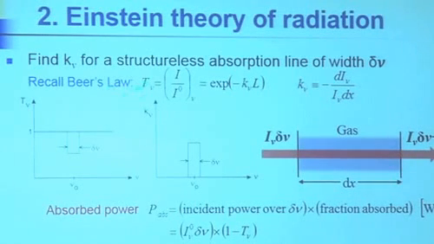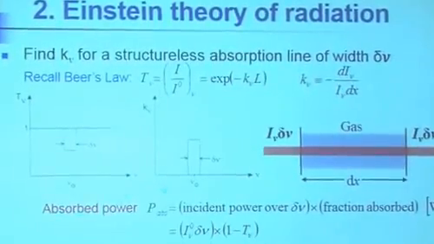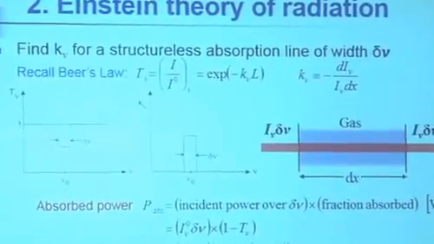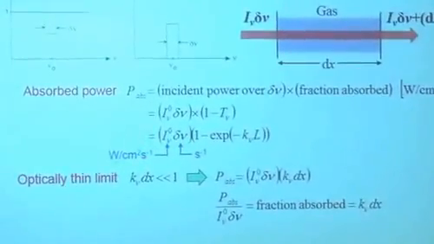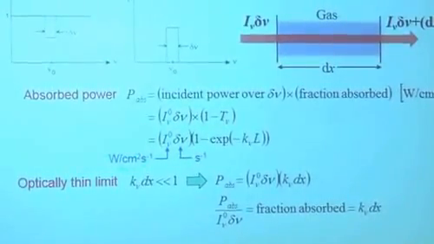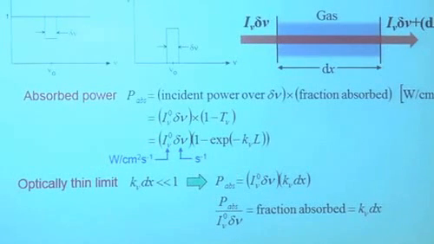So from Beer's law, we had the transmission is e to the minus k nu L. So the transmission is either 1 or it's suppressed by this amount right here. This would be the k nu right here. So what I do is a kind of energy level or power match, and we talk about the absorbed power, and it depends upon the amount of incident power per unit, this is now watts per square centimeter per unit frequency times the frequency width.